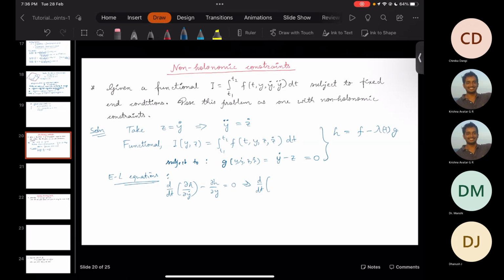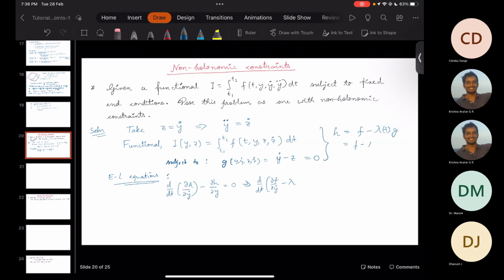So this gives us, let's just call it ∂f/∂y dot, and then minus lambda, right?